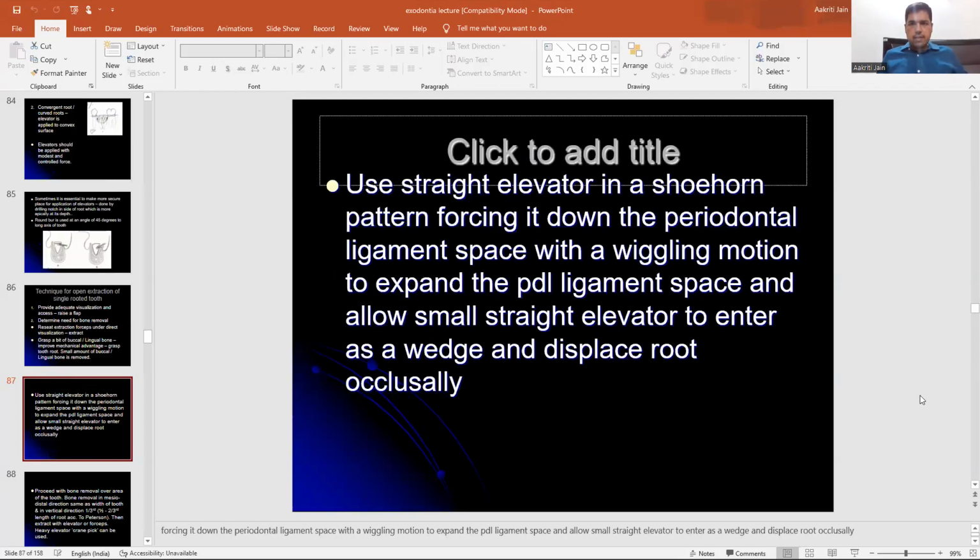Use straight elevators in a shoehorn pattern, forcing them down the periodontal ligament space with a widening motion to expand the PDL space and allow the small straight elevator to enter as a wedge and displace the root, occasionally occlusally.